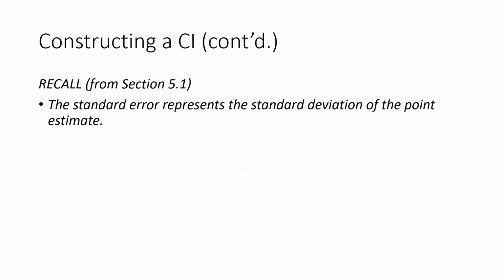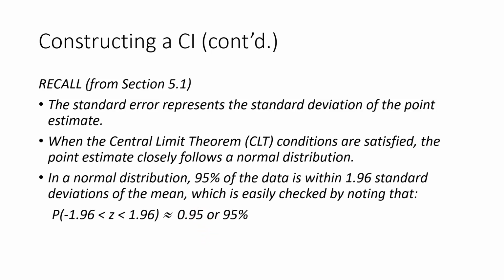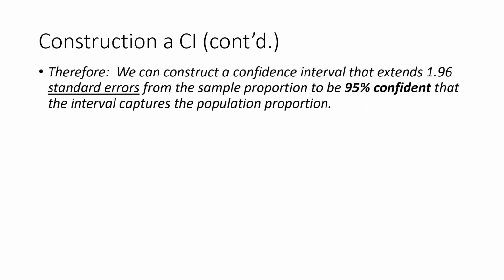Recall from section 5.1 that the standard error represents the standard deviation of the point estimate. When the central limit theorem conditions are satisfied, the point estimate closely follows a normal distribution. So in a normal distribution, 95% of the data is within 1.96 standard deviations of the mean, which is easily checked using some technology tool like RGuru, and noting that the probability of z being between -1.96 and +1.96 is approximately 95%.